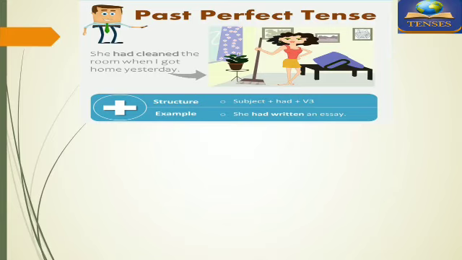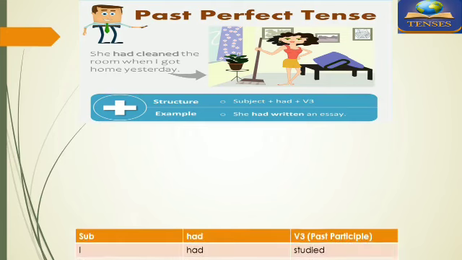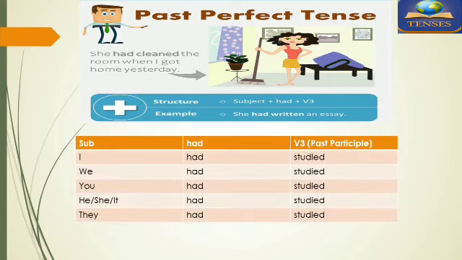So, she is the subject. Had is the helping verb. Cleaned is the V3 form. Table: subject, had, V3 past participle. In the past perfect tense, the auxiliary verb we use is had. I had studied. We had studied.